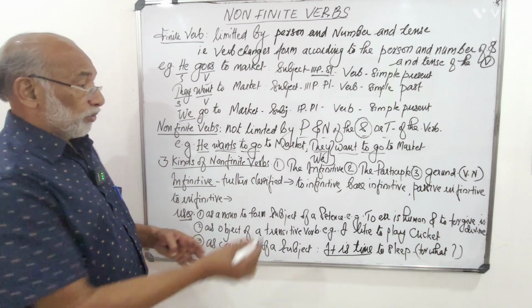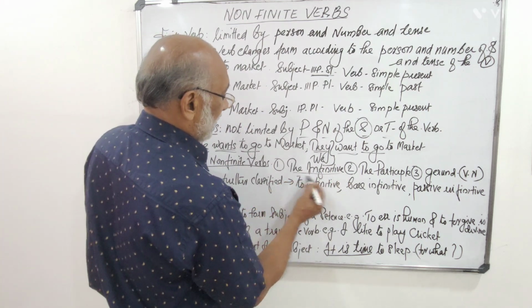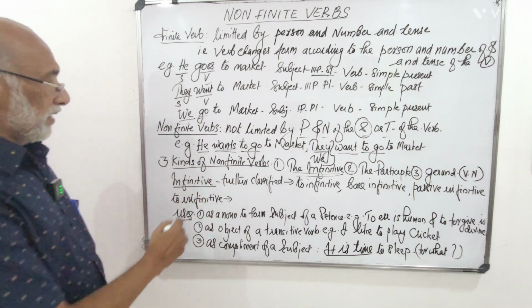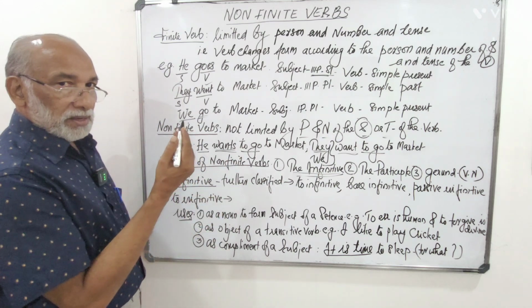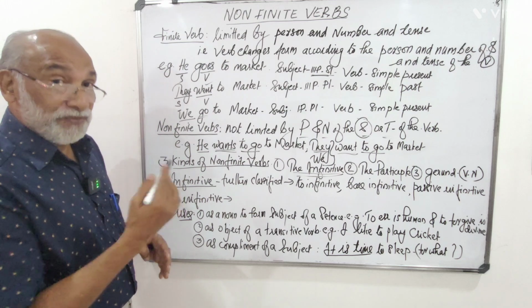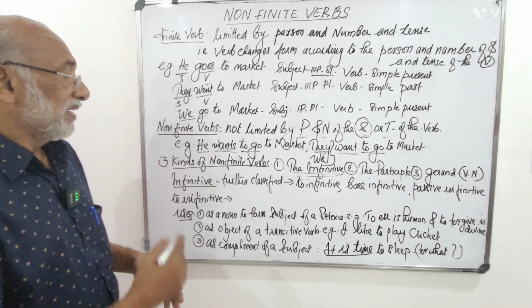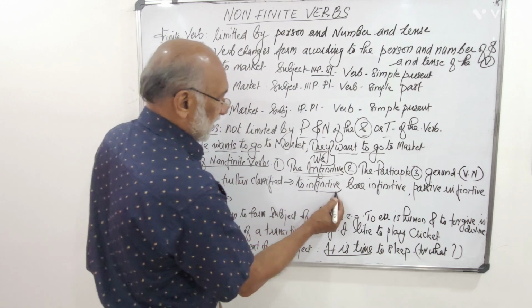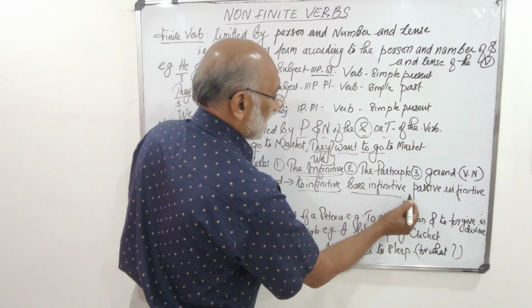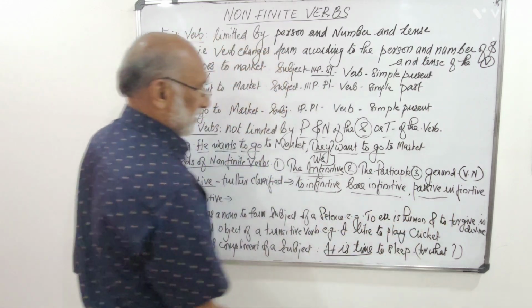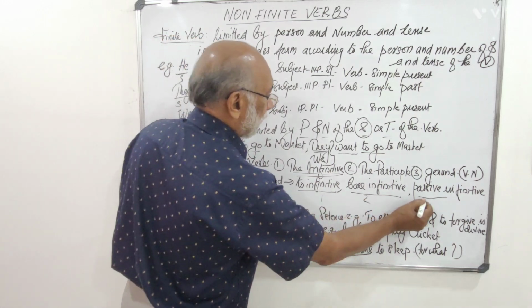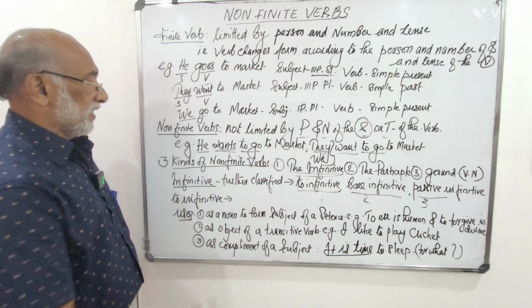Now let's come to the first one, that is the infinitive, the first kind of non-finite verbs. And see, an infinitive can further be subdivided or classified as to infinitive, bare infinitive, passive infinitive. These are the three kinds of infinitives.